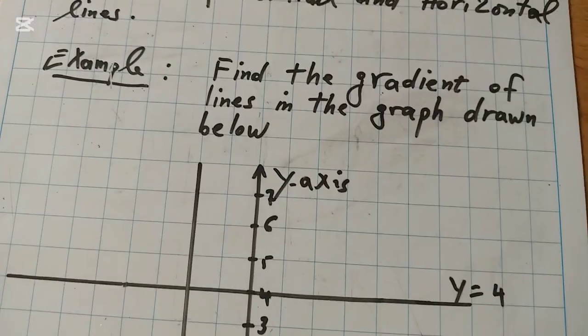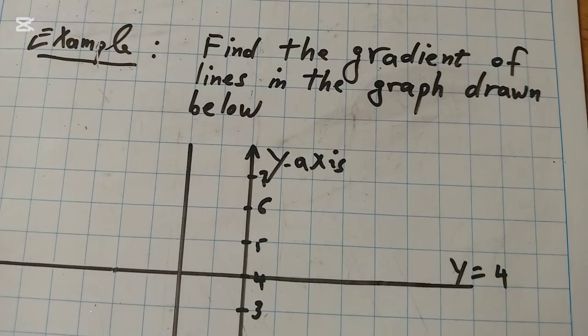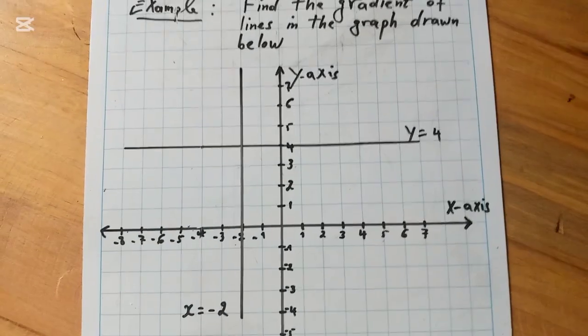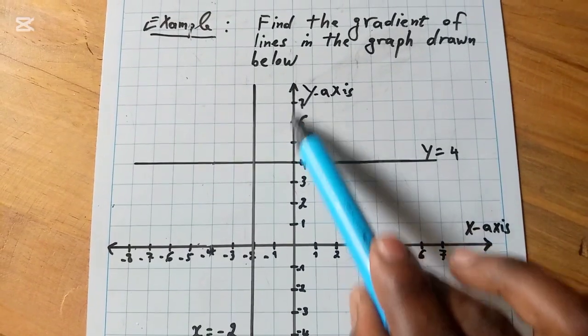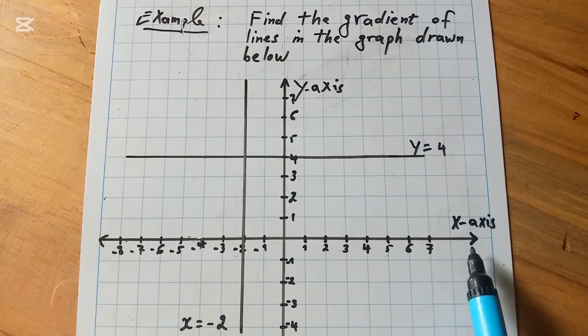Okay, so we need to find the gradient of lines in the graph drawn below. Here we have the graph. This is the y-axis, and this is also the x-axis.